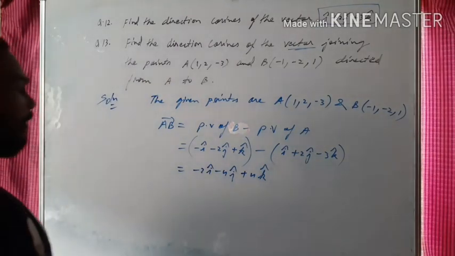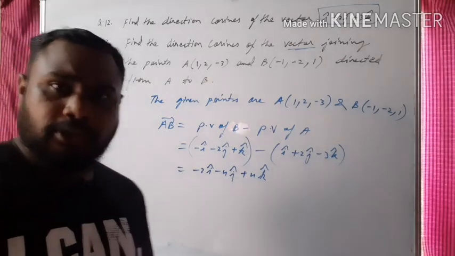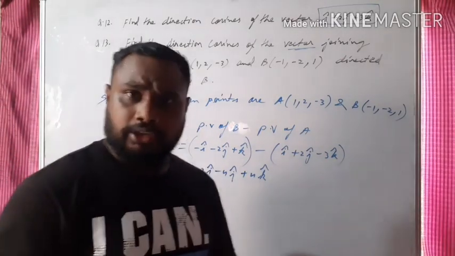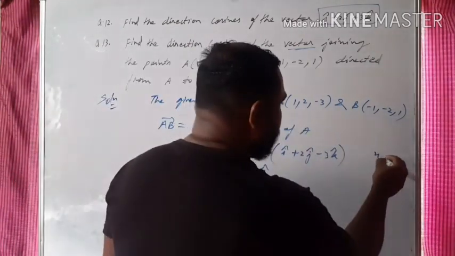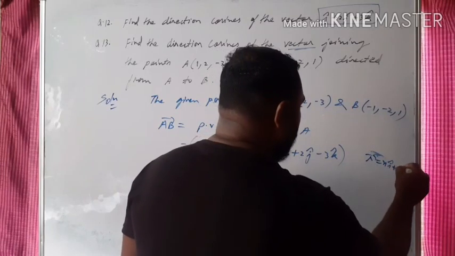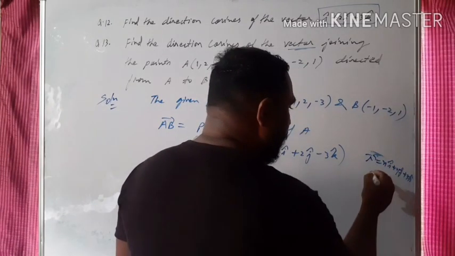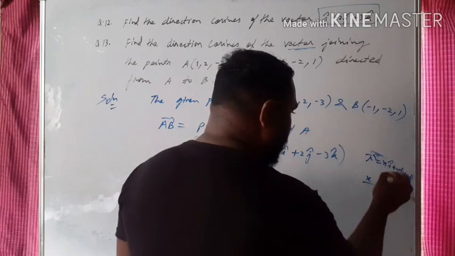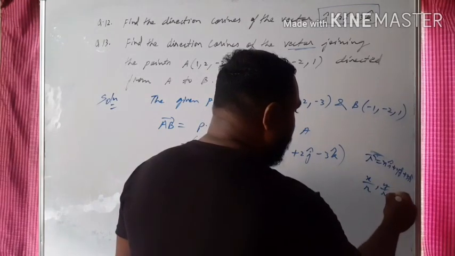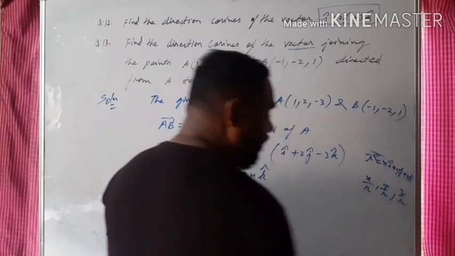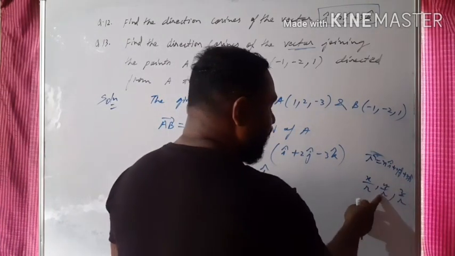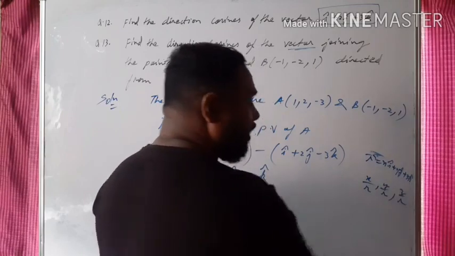Now I want to find the direction cosines of this AB vector. We know that to find the direction cosines of a vector, say for example r = xi + yj + zk, its direction cosines are x by the magnitude of the vector, y by the magnitude of the vector, and z by the magnitude of the vector.